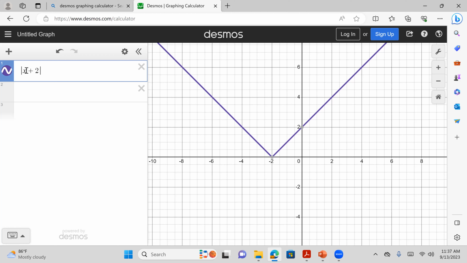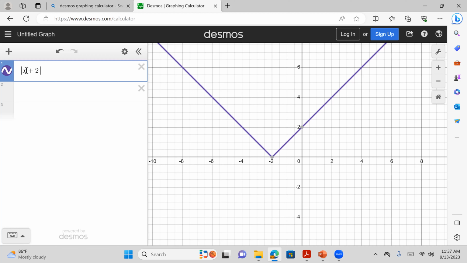Now it's here at where? -2, 0. So my vertex changed because I went to the left. What about my axis of symmetry? Where's the center now? Yep, so my axis of symmetry is now at x equals -2. Does that make sense?